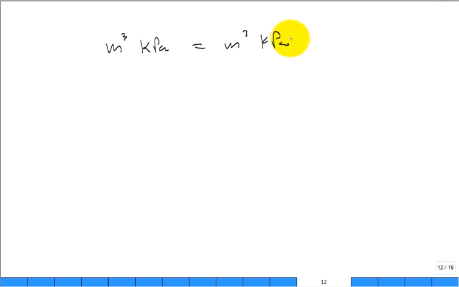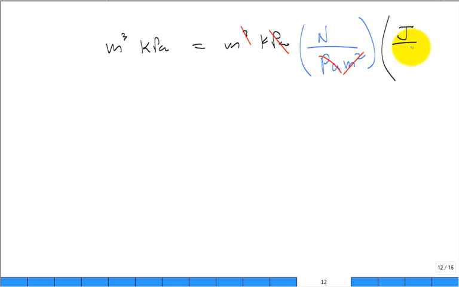Isn't that correct? And then I multiply by, okay, a pascal is a Newton per meter squared, true or false? So I can get rid of the pascal, and I can get rid of one of the meters squared. Then I multiply by, a joule is a Newton meter, true or false?